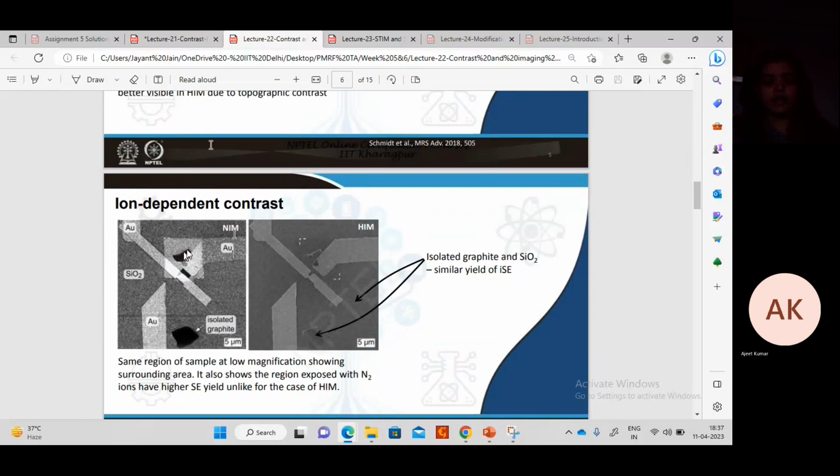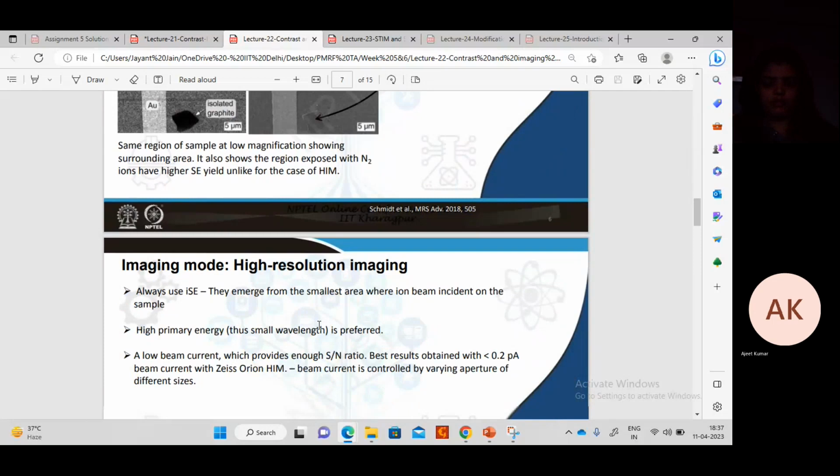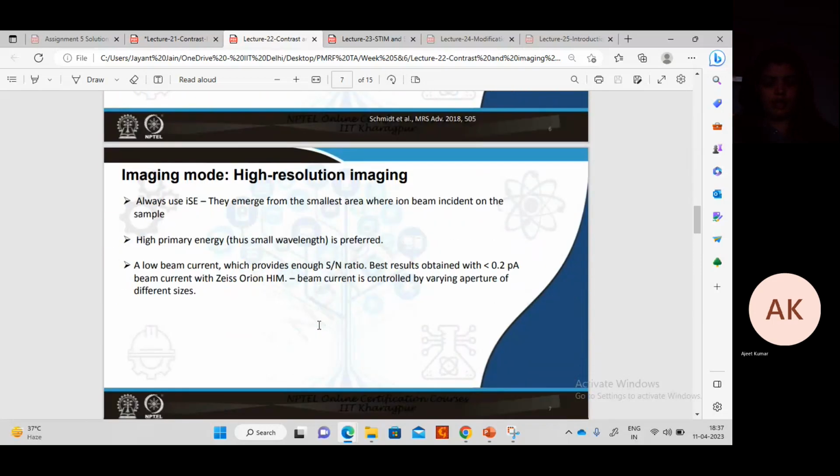You cannot compare nitrogen ion to helium ion. If you use nitrogen, you will get better contrast, but sample damage will be very high compared to helium. But when you use helium, the contrast is not very good. So when you want to go for a BAC image, always go for electron mode, the electron beam.